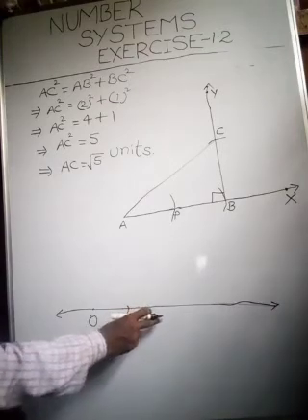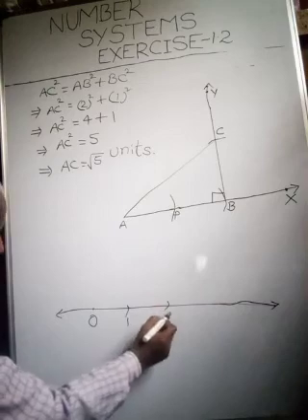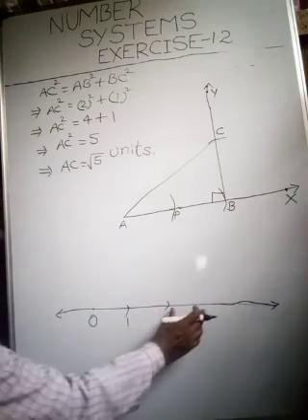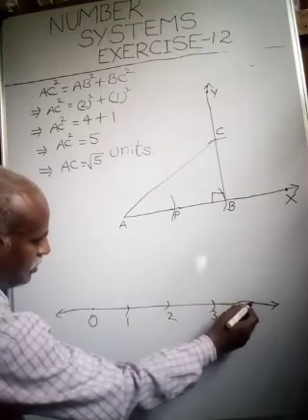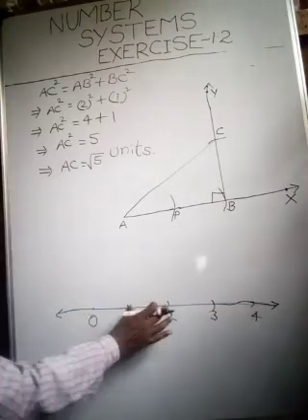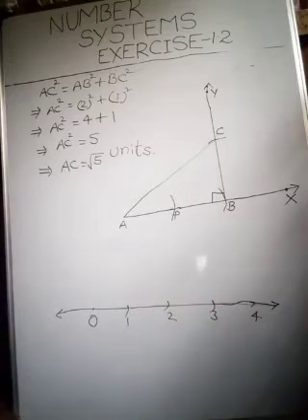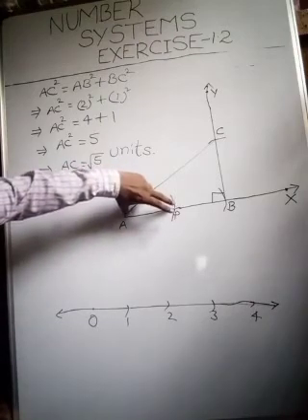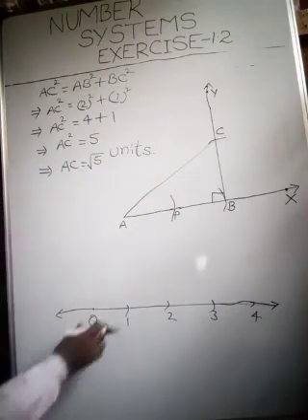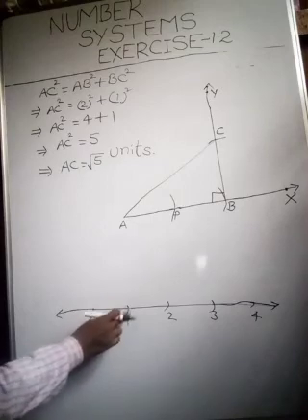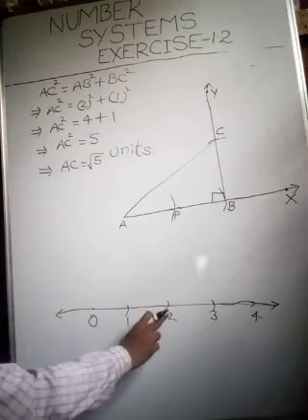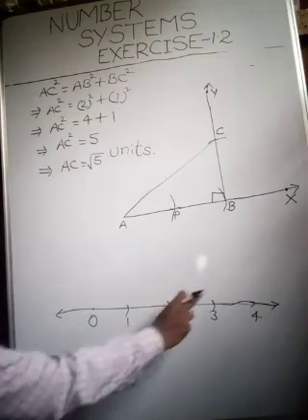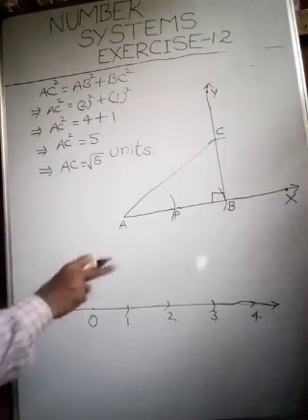Again take this point as center and cut here 2 with the same radius. So these are 1 unit each on this number line. Take radius AP and cut, and again take this point as center with the same radius and cut there. Understood, my dear children?